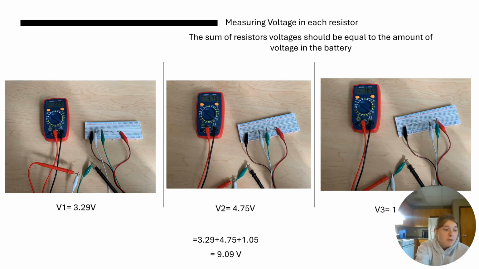So here I measured the voltage in each resistor. I added alligator clips to my multimeter probes to make it easier. You can see I used white and green alligator clips that are connected to my multimeter probes.